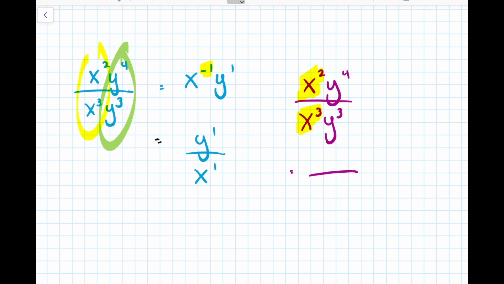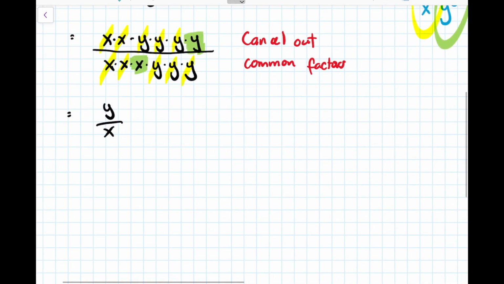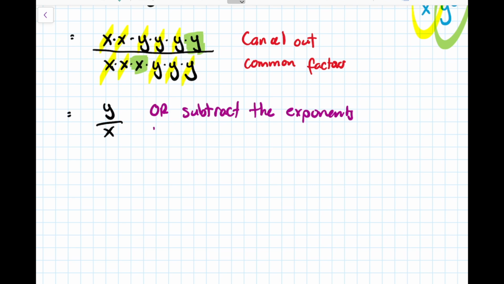We had more x's on the bottom, so our extra x is on the bottom. We had more y's on the top, so 4 minus 3 gets us 1, and our extra y is on the top. That is how I would normally do it. I'm just going to write out a quick explanation for that. We subtract the exponents and put the leftover wherever you had the larger exponent.